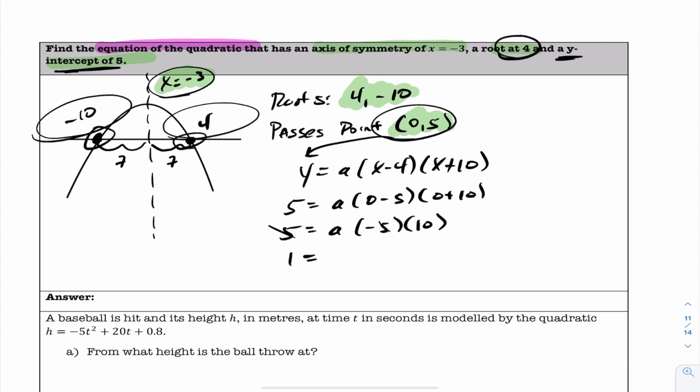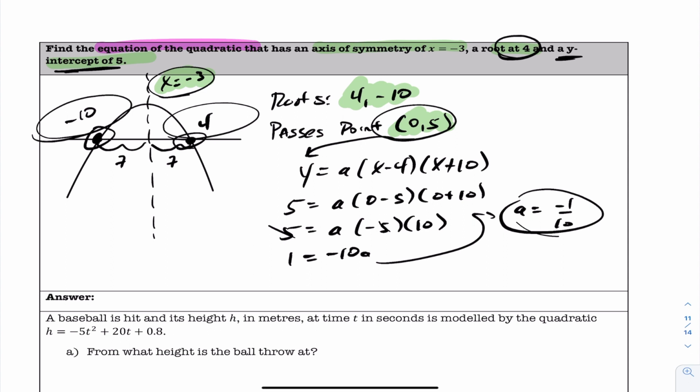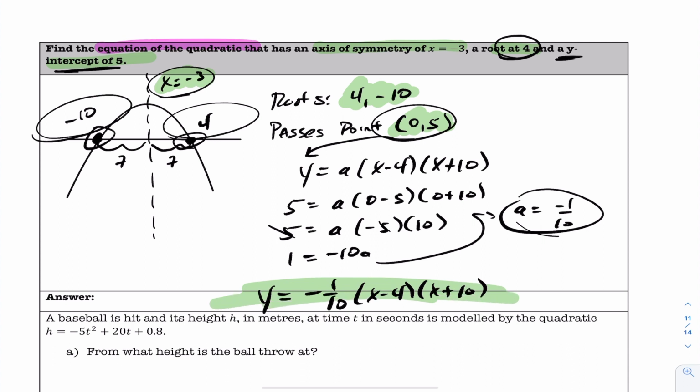I get 1 equals negative 10a, so my a value here is negative 1 over 10. Putting this all together, my quadratic is y equals negative 1 over 10, x minus 4, x plus 10. And now we have a unique quadratic that satisfies these conditions.